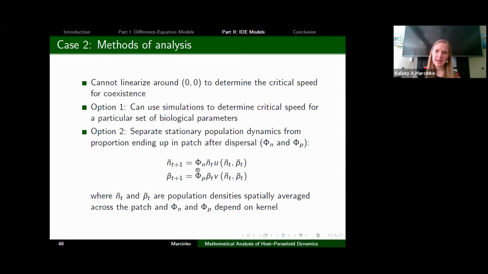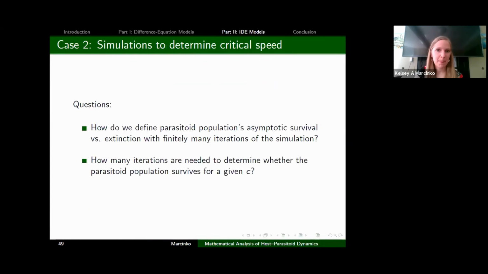And then summarizing this dispersal with this phi and n, which are between 0 and 1. Those are the percentage of the population that remains in the patch after dispersal. So that's the spatially implicit approach for this modeling process.